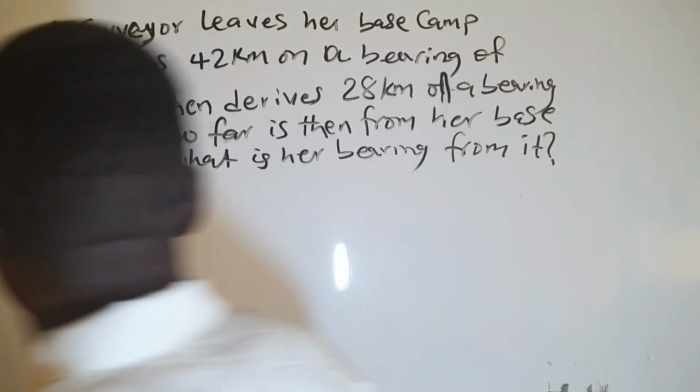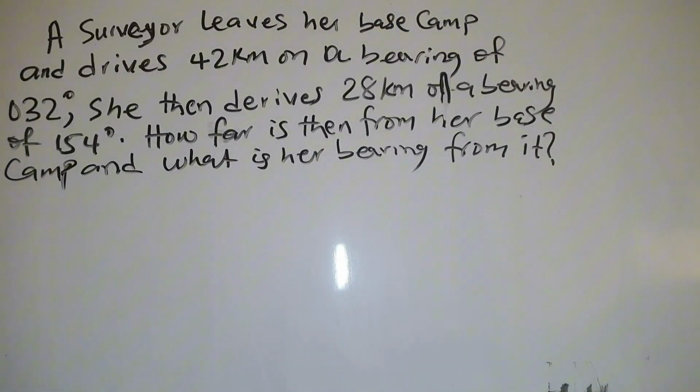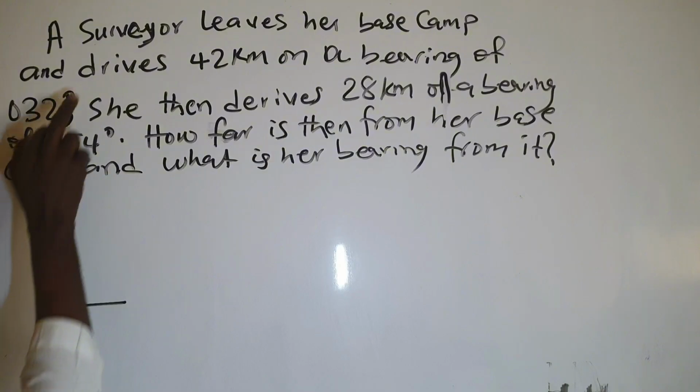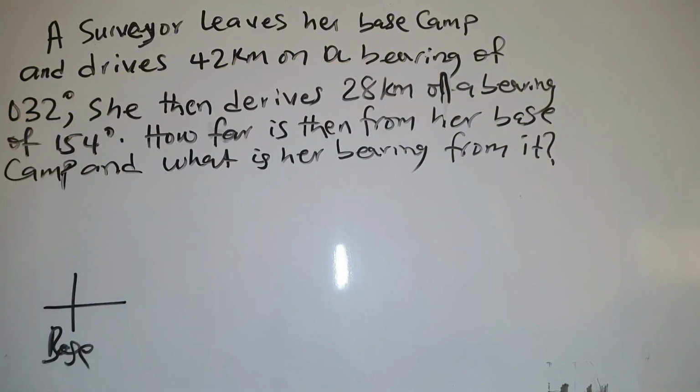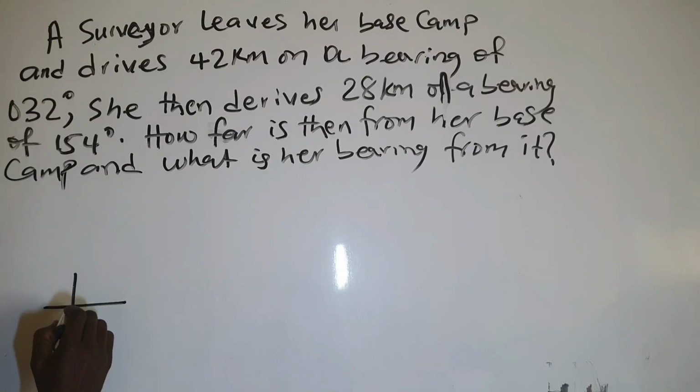Okay, so now let us say that the base camp of this lady is here, the base camp, and this lady drives 42 kilometers on a bearing of 32 degrees. So from north, we now imagine our bearing 32 degrees from north going clockwise direction.